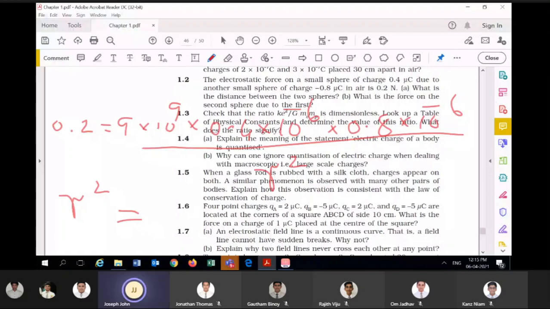Can I simplify the powers of the numerator? 10 raised to minus 6 will be 10 raised to minus 12. Okay. Minus 12 plus 9 is what? Minus 3. Yes. Okay.